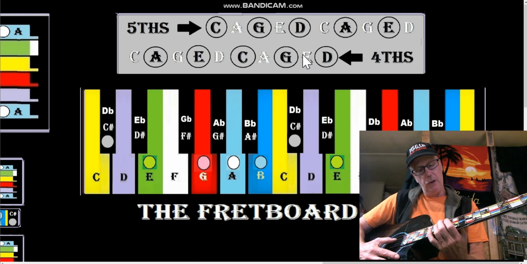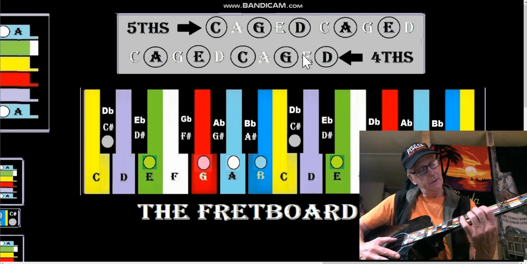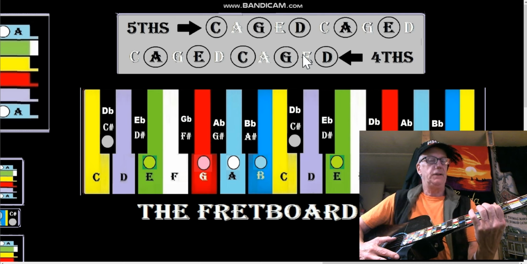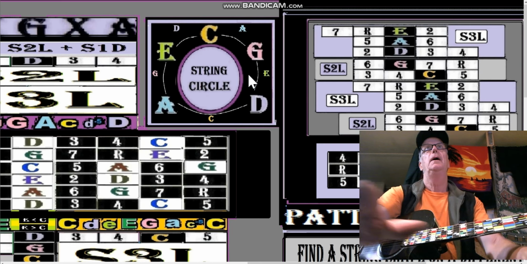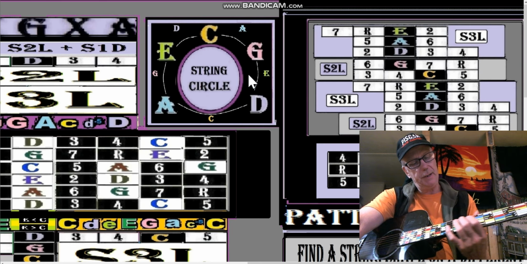So when you go from a D shape, okay, down here to a G shape, then you have to know. Then you can use the string shape.